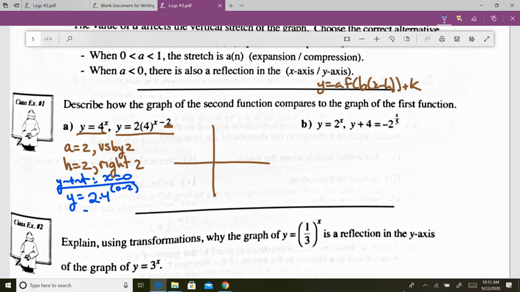Negative 2. So I get 2 times 4 to the negative 2. What's 4 to the negative 2? 1 over 4 to the power of 2. What's 4 squared? 16. So it becomes 2 over 16, which is 1/8. All I need you to do when you're going to sketch this is mark your y-intercept and just put a 1/8 there.